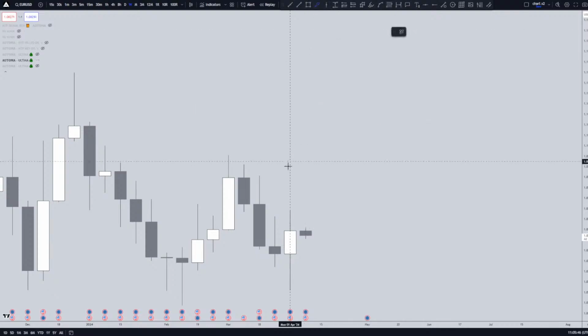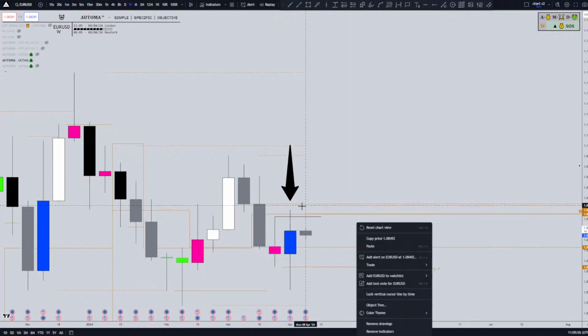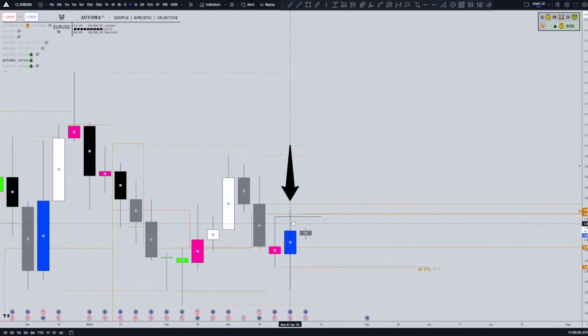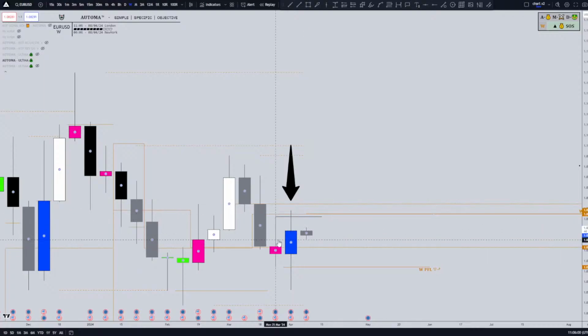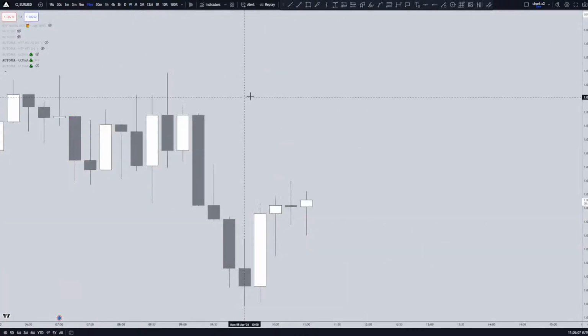So what does it mean? The previous week was a down bar and we swept the down bar's high. It means that's a trend continuation peak formation, right? So we could be more aggressive on the sells because we had already established a down bar and we swept it later on.